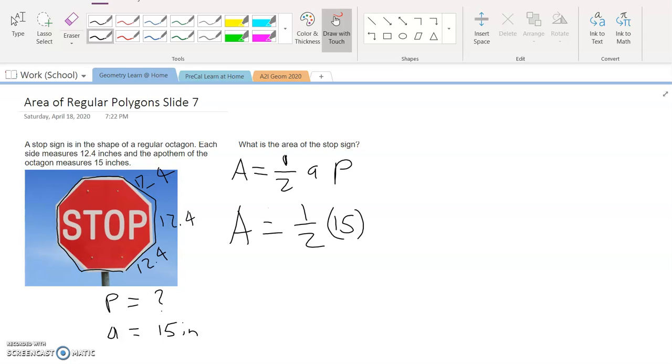In any case, there's 8 sides, so 12.4 times 8 will give us the perimeter on this one. I actually don't even need to calculate what the perimeter is. I can just type it all in the calculator at this point. 12.4 times 8.